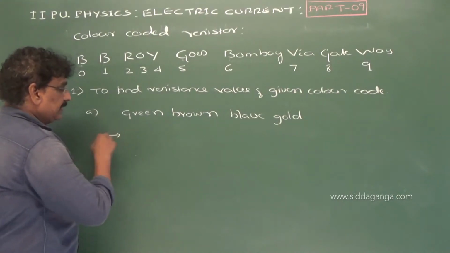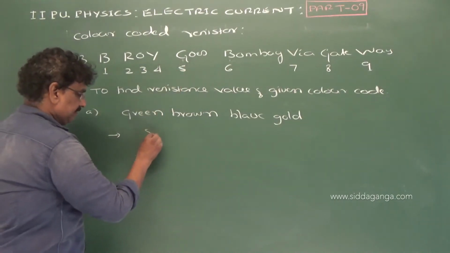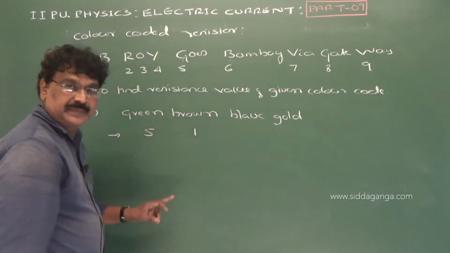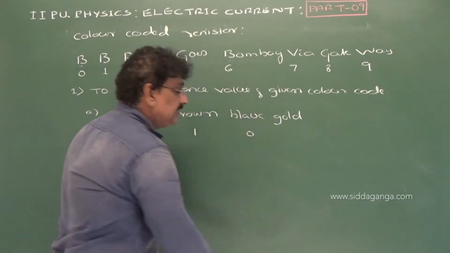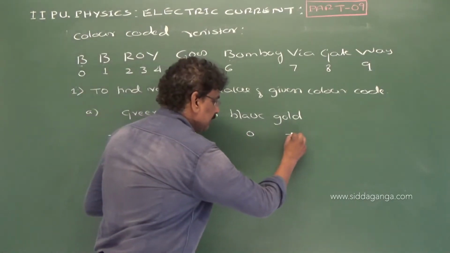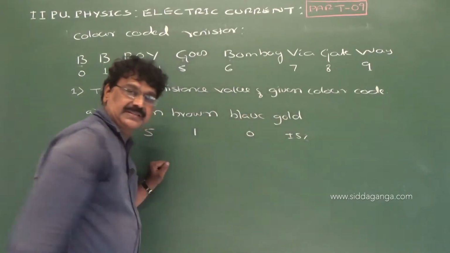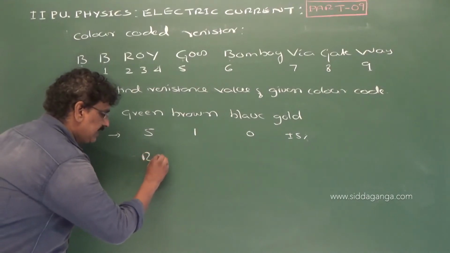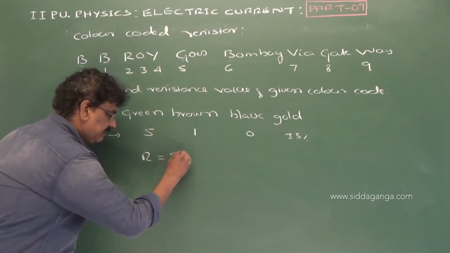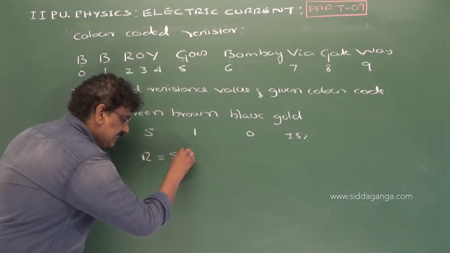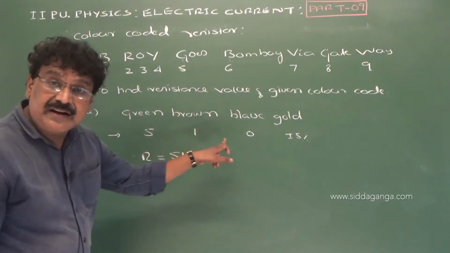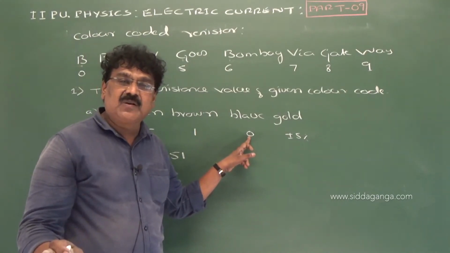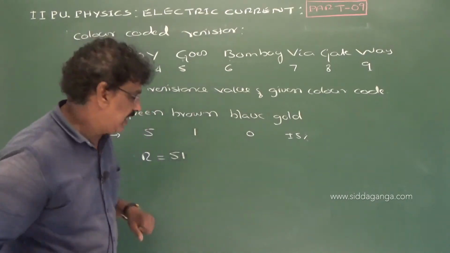And now green represents 5, brown represents 1, black represents 0 and gold represents plus or minus 5%, right? Now if we write the resistance value, R is equal to first digit 5, second digit 1, third digit 0. That means number of zeros to be followed is 0, right?